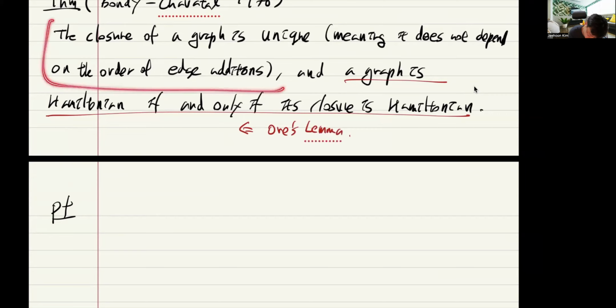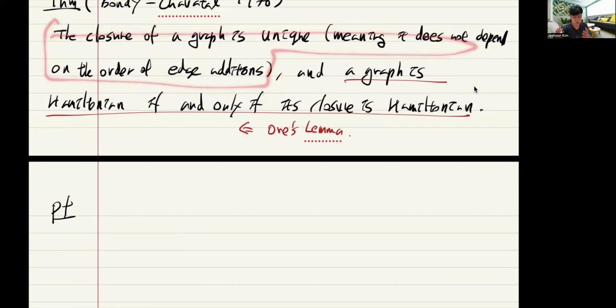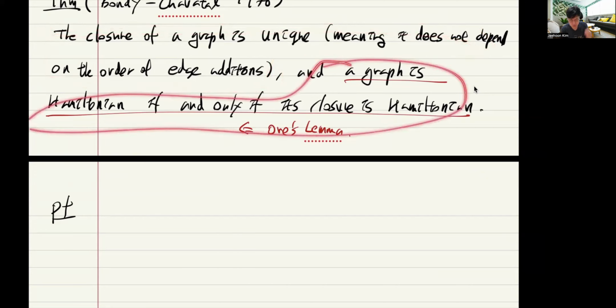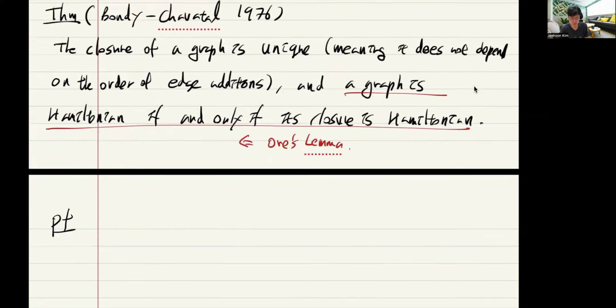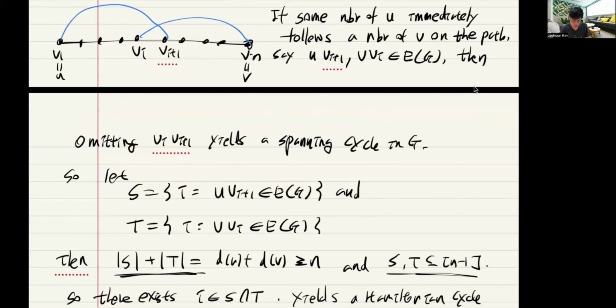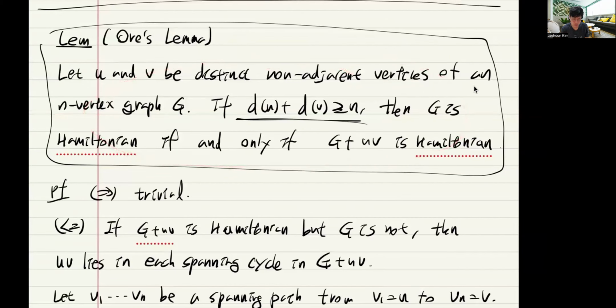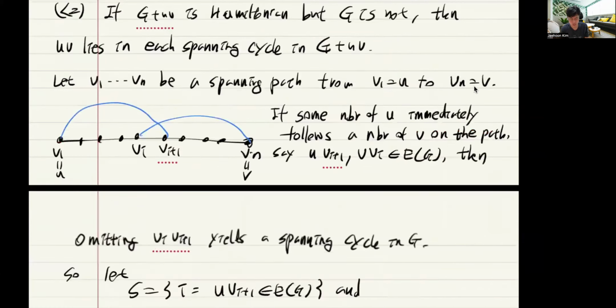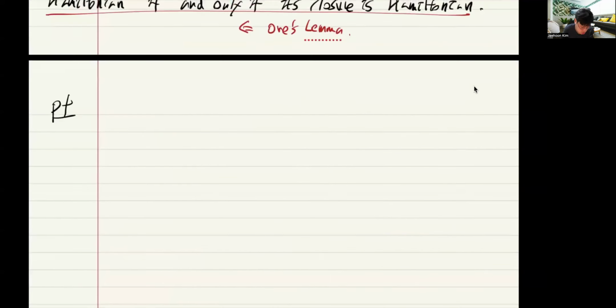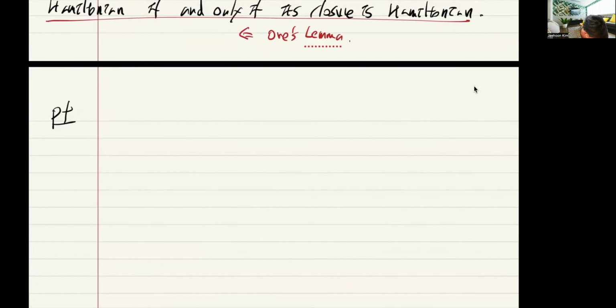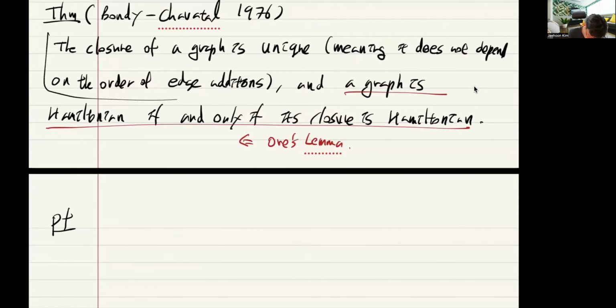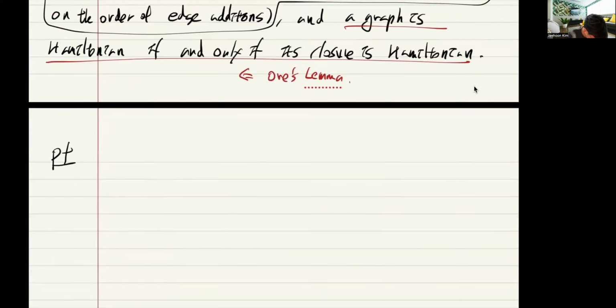If the first part is well defined, assuming we know the closure is well defined, then the second one follows directly from the lemma, because here we show that G and G plus one edge are equivalent in being Hamiltonian, and so the closure is Hamiltonian if and only if the original one is. All we have to do is show that the closure is well defined. Take an n-vertex graph.